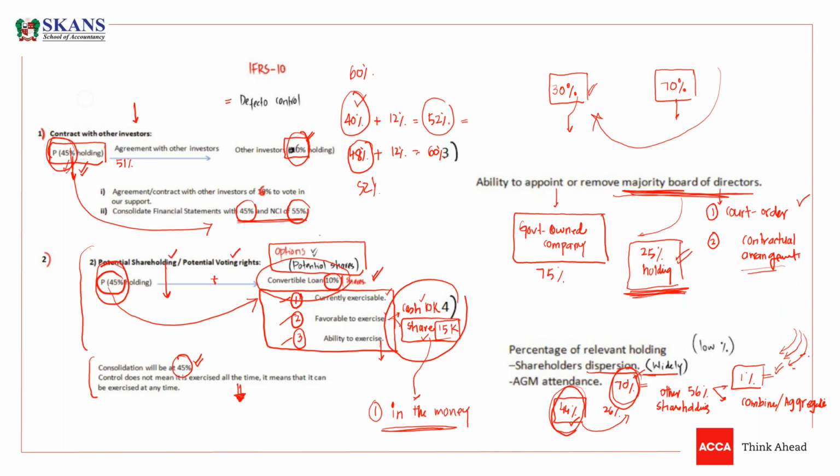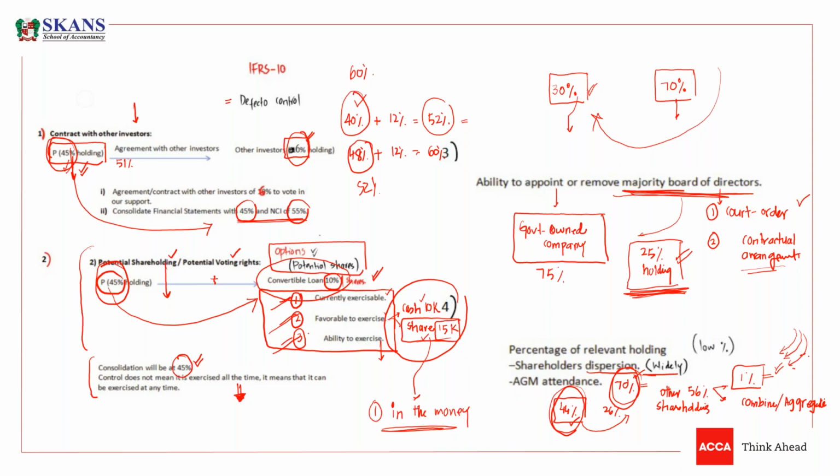We have 45%, we can convert 10% anytime, because all the conditions are in our favor. So we can exercise at any time and remove that person anytime. It means we have the ability to remove the decision maker and to appoint new decision makers. So we will say from today that we have control, although we don't have more than 50%. This is how convertible loans, potential shares, could help you acquire control.